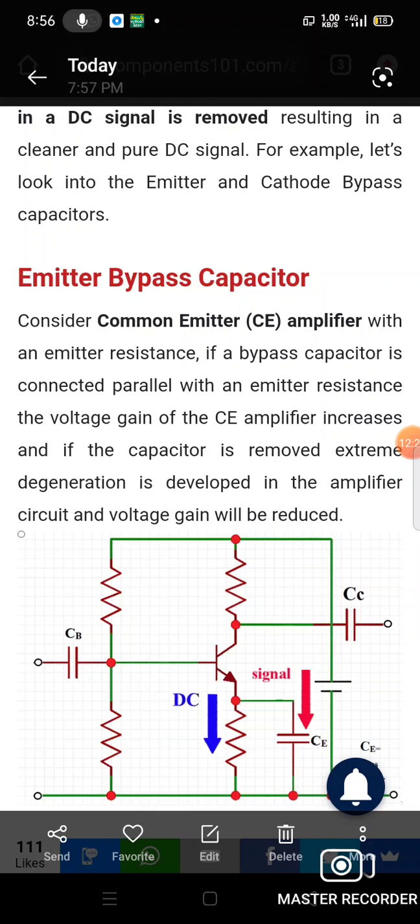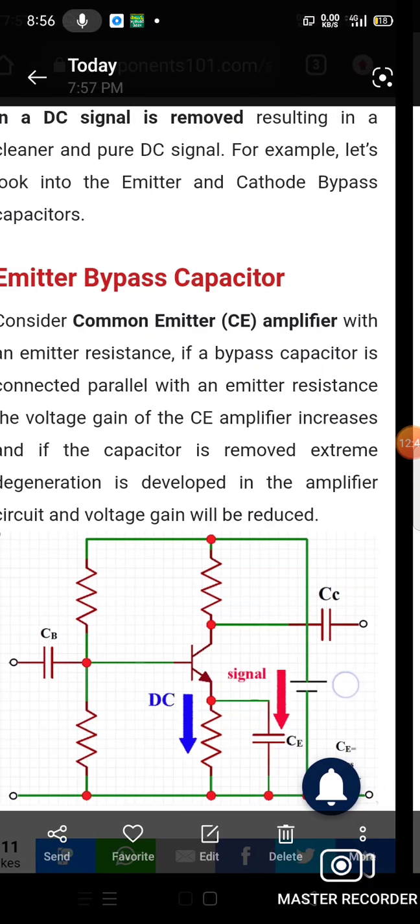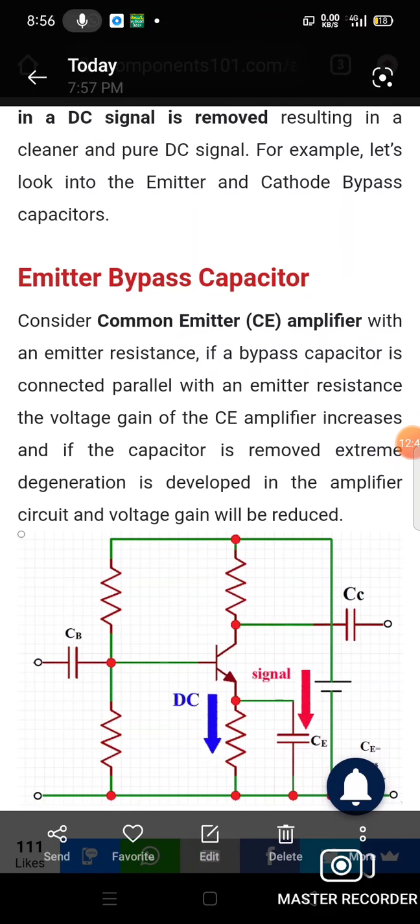Next, if you connect the capacitor CE in parallel with RE at the emitter terminal, the capacitor improves the gain of the amplifier. That is the point mentioned: when connected in parallel with an emitter resistance, the voltage gain of the amplifier increases.